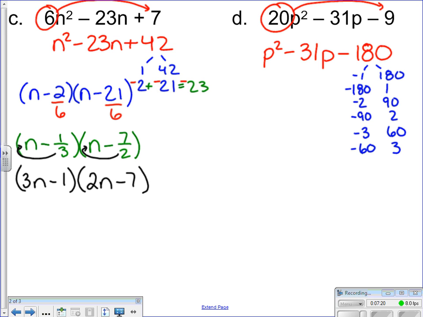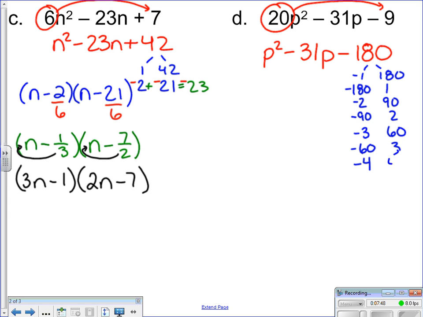Using a calculator, divide by 2, divide by 3. Next, divide by 4. So I think 4 and 35. No, it's 4. No, I'm sorry, it's not 35, it's 45.